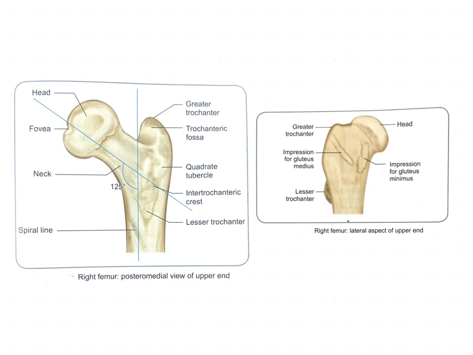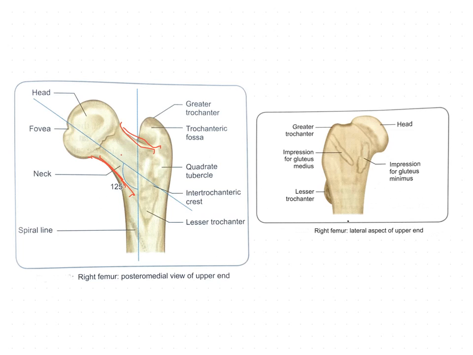Here we can see the neck, which has an upper border and a lower border. The upper border is concave and horizontal and meets the shaft at the greater trochanter. The lower border is straight and oblique and meets the shaft near the lesser trochanter. This one is the posterior surface.